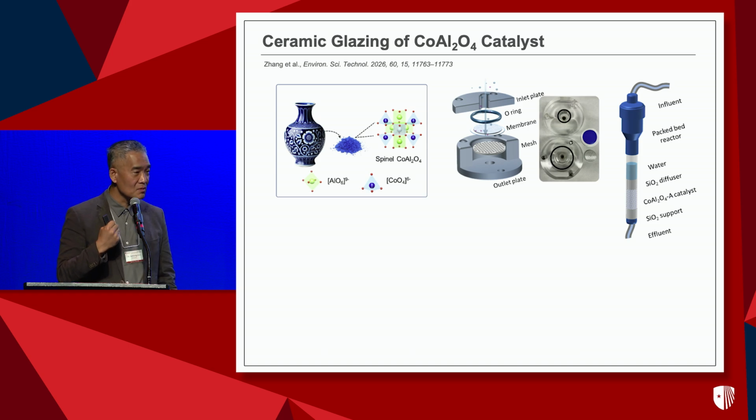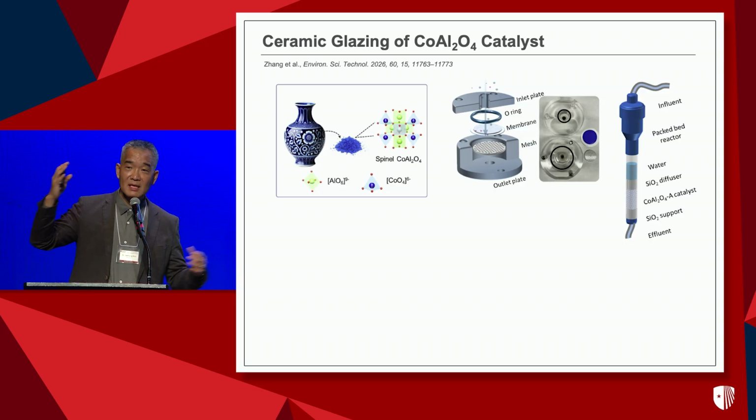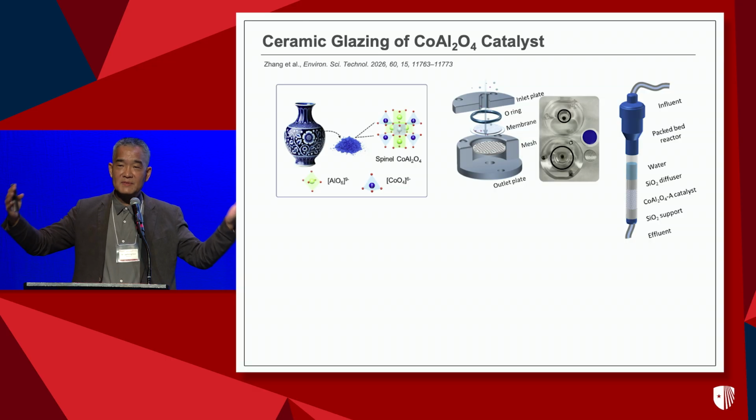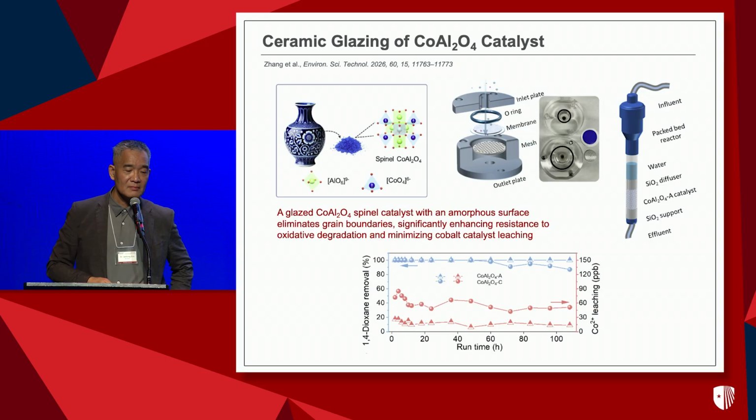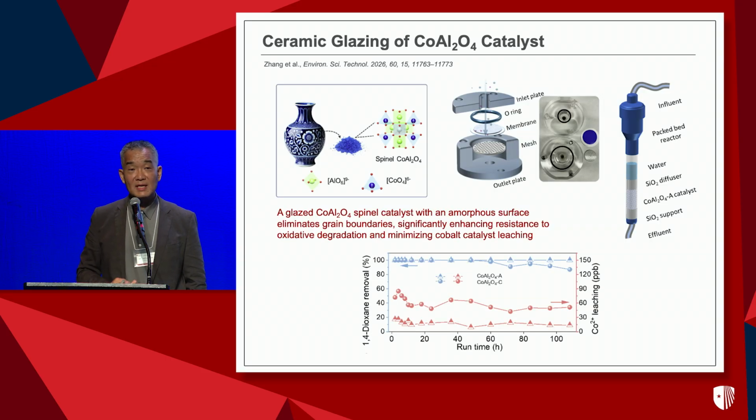It's basically a cobalt aluminate. We use the same ancient technique of glazing to cover the surface, and then we make the membrane, and we also make this column. The column is an interesting design because you can enhance the flow rate, and it is easier to upscale the system. And it is pretty good. It just lasts long.